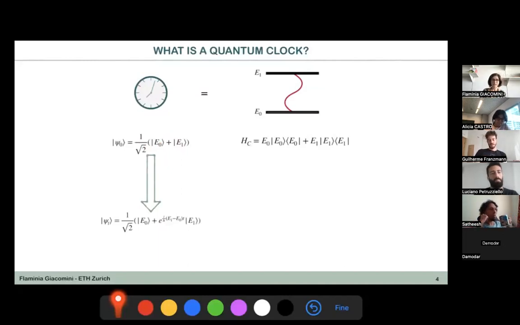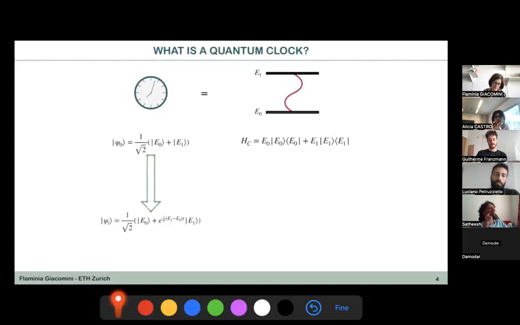Now, imagine we start from this state, and we know that we start from this state. The tick of the clock can be taken as the time it takes the clock to get to the state orthogonal to the initial one. Why? Because we know how to perfectly distinguish two orthogonal states.